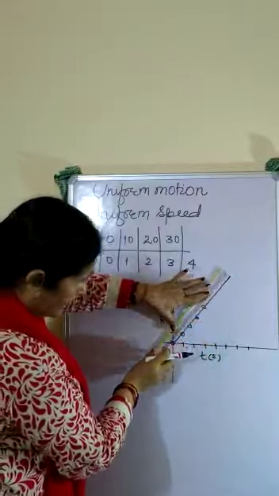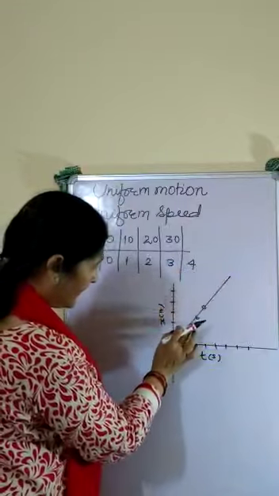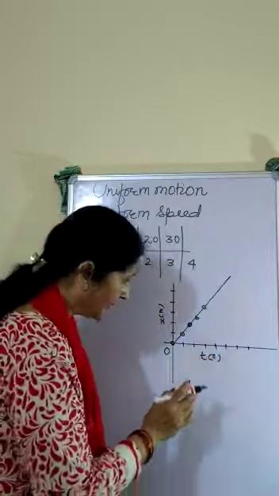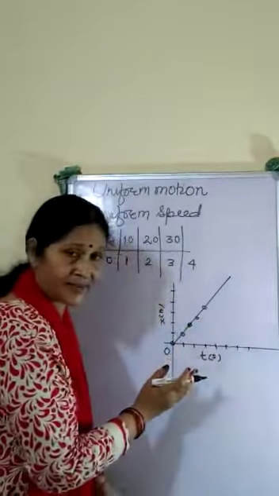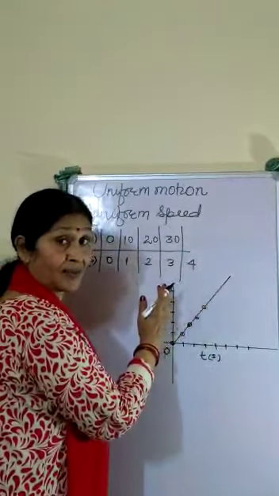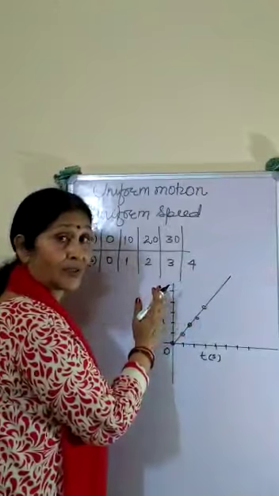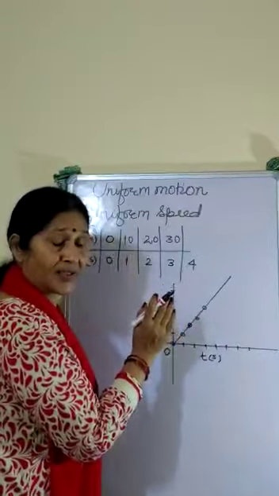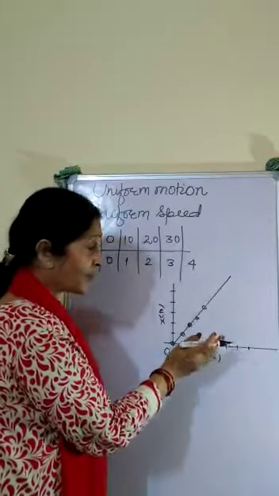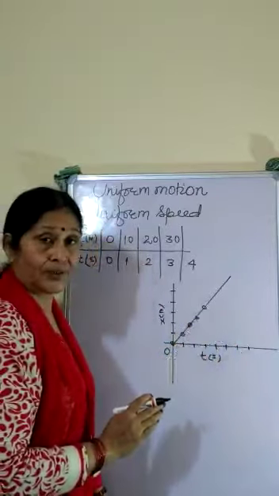But this straight line is not parallel. It is inclined to the time axis. You may say this is inclined to the distance traveled axis also, but it will be convenient to say it is inclined to the time axis. Now what do we conclude here?